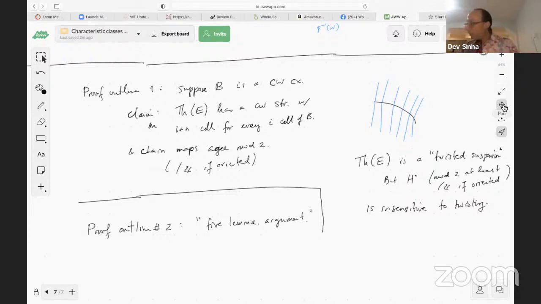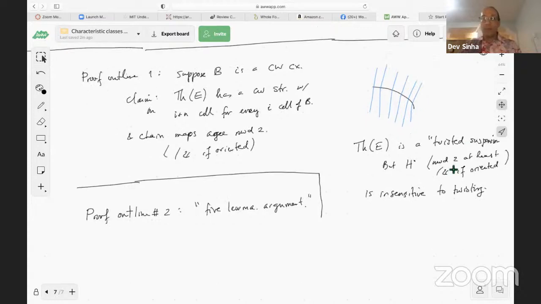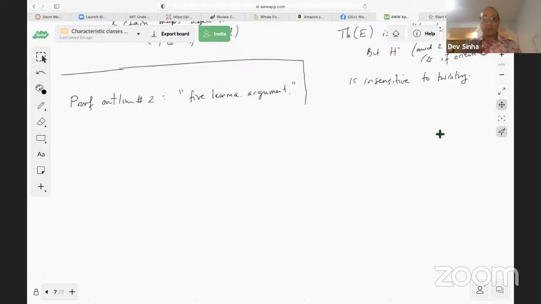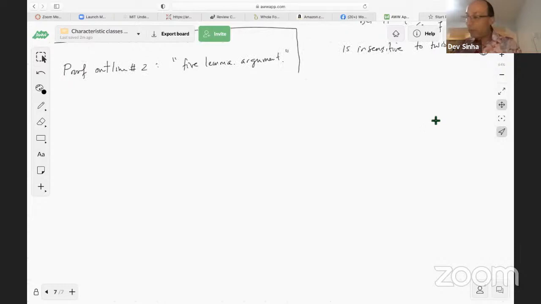So I wanted to end with a little dictionary. We've talked about, and again, there's a wonderful paper of Atiyah that relates Thom spaces and Thom isomorphisms to Poincare duality.